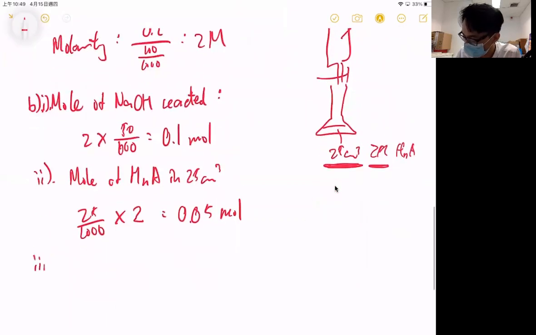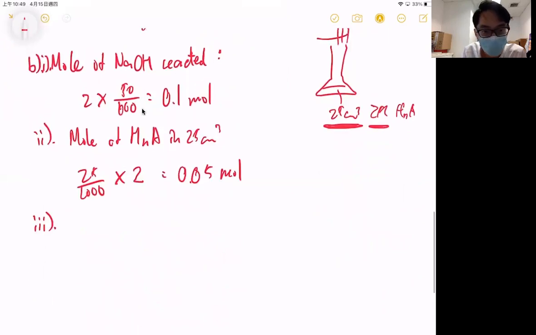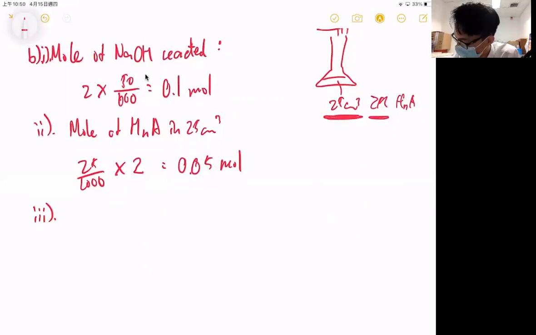And finally, we want to determine the value of n here. So we just simply see how many acid will react with 0.1 mole of sodium hydroxide, the ratio between HnA and the sodium hydroxide. So how can we calculate? We divide 0.1 by 0.05, and you will get 2.